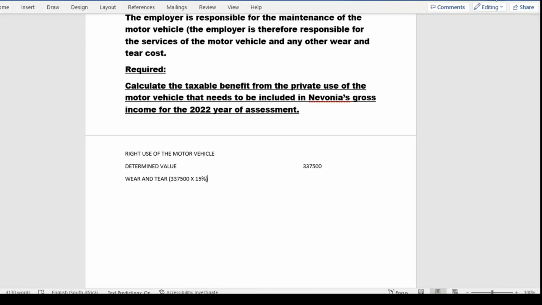Give me the figure there quickly. It's 50,625. Yes. Okay. You put it in the bracket. Okay, it's 50,625. I got you.